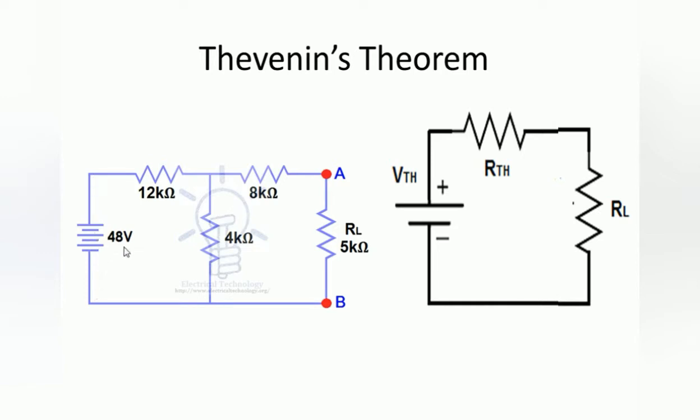Suppose the circuit has a current source, we open circuit the current source, and after that, looking into the circuit from the open terminals, we get the equivalent resistance of the network. That particular resistance is called the Thevenin's resistance.